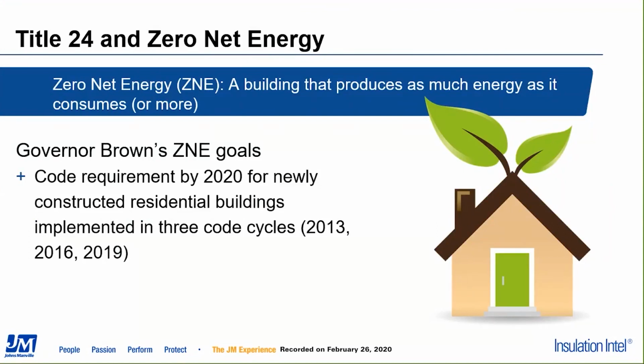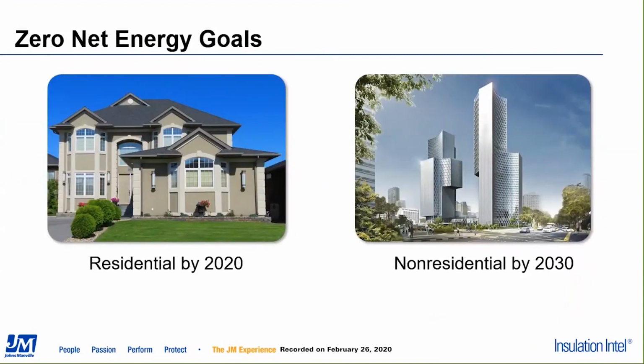The goal for commercial buildings is to have new commercial buildings be zero net energy by 2030. So on both of these fronts, these are pretty aggressive and ambitious goals, and I think the state feels like they're pretty much getting there for homes, and the next step will be commercial buildings, which will be another probably big lift over the next 10 years.